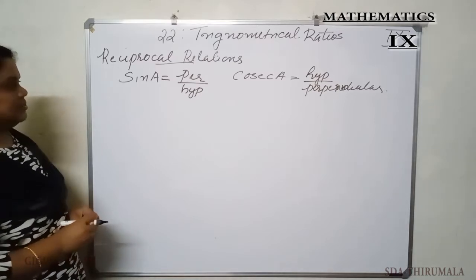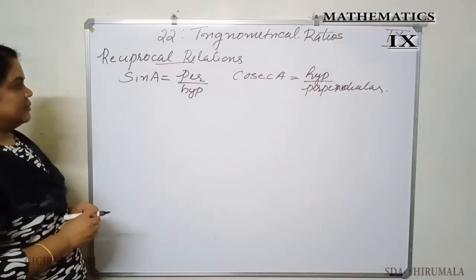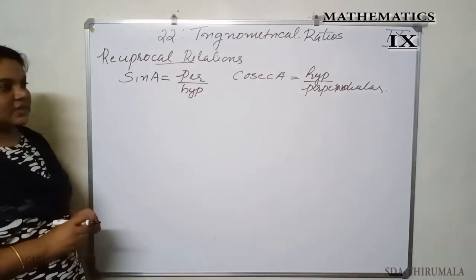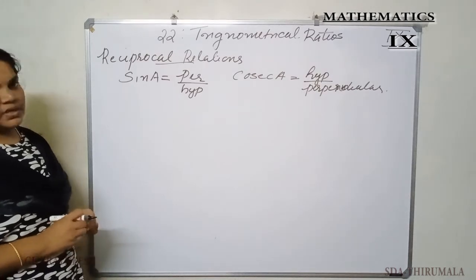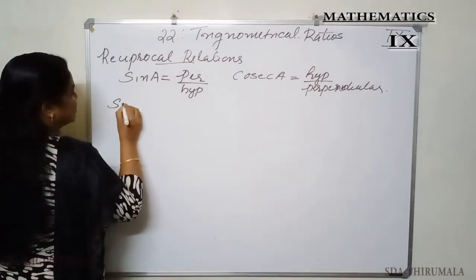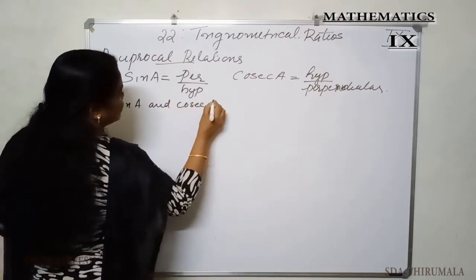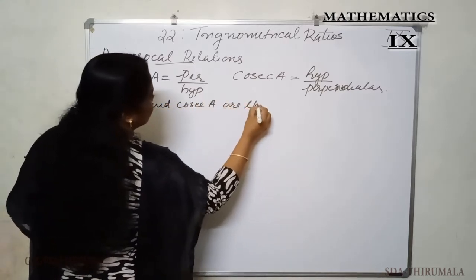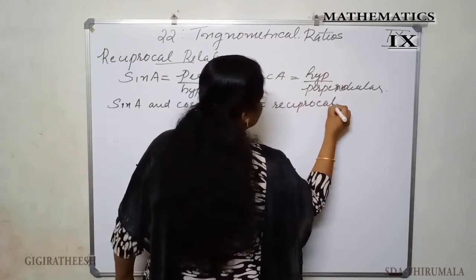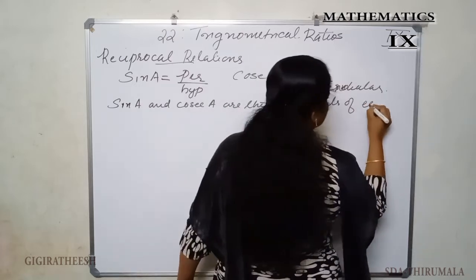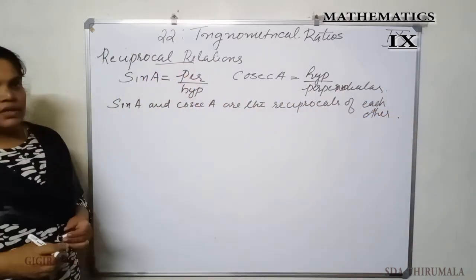From this we can say that sin A and cosec A are the reciprocals of each other.